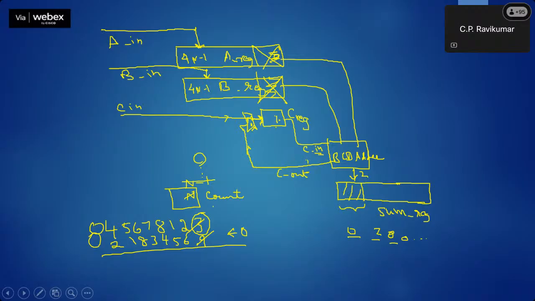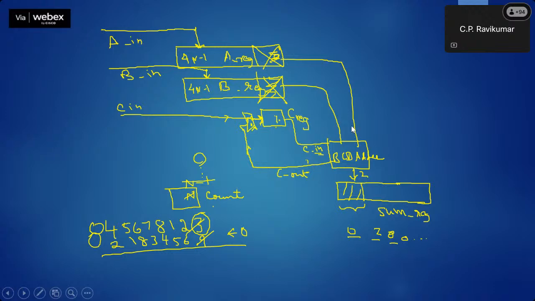And what is the period of the clock cycle? It is decided by how fast the BCD adder is. If you go into the combinational logic of the BCD adder, it has a 4-bit adder, maybe a ripple carry adder that we have created, plus there is some logic to add 6, etc. That will decide the time it takes for this to get ready.